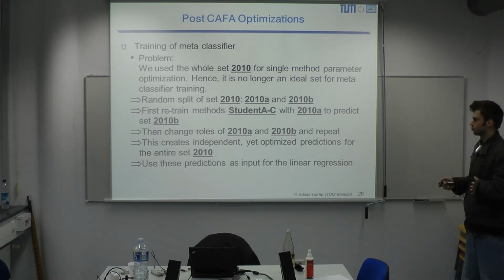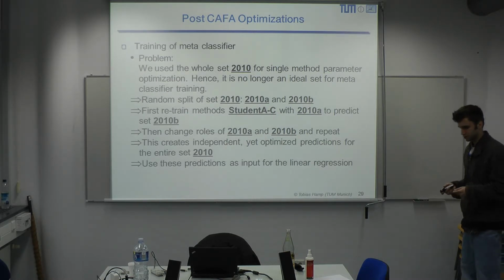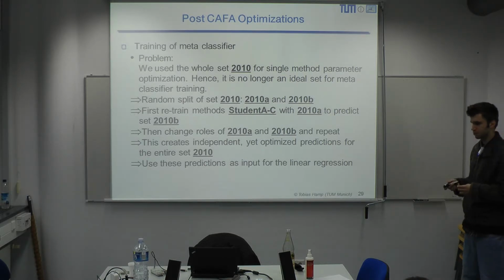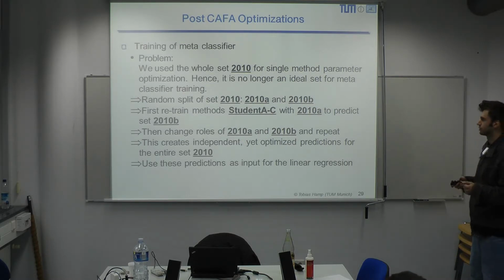One important detail of this was that in machine learning it is not ideal if you use the same data for optimizing the baseline classifiers and for training the meta predictor.